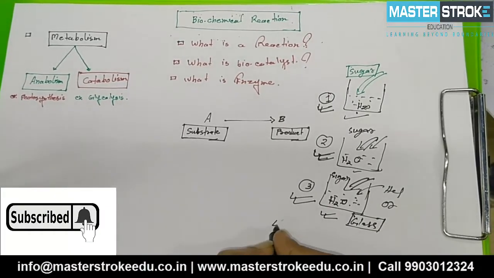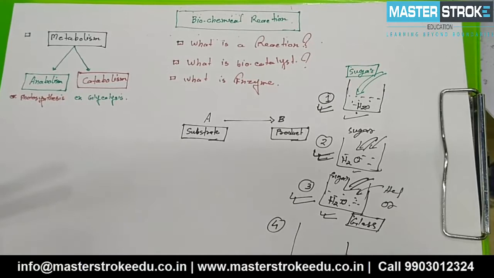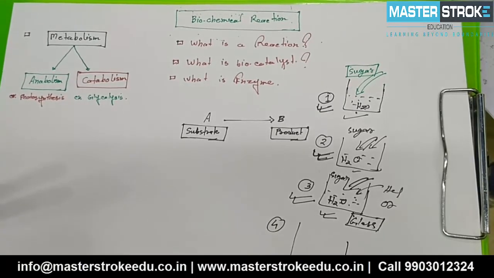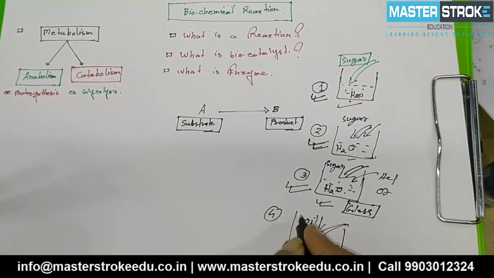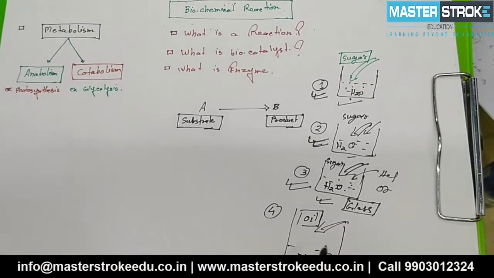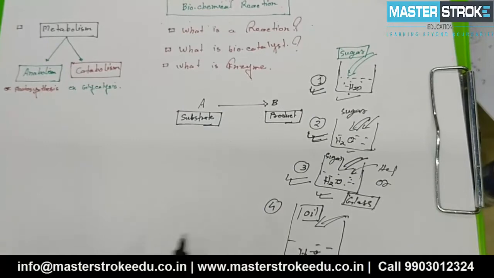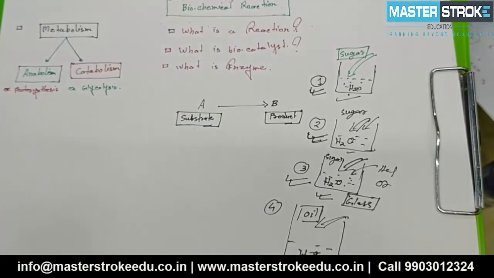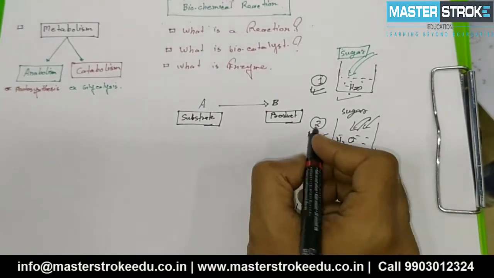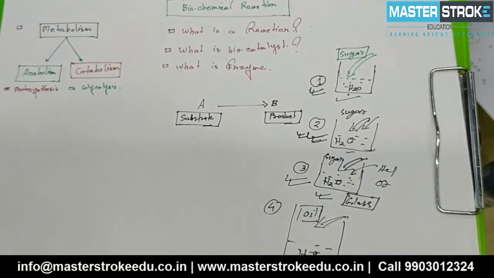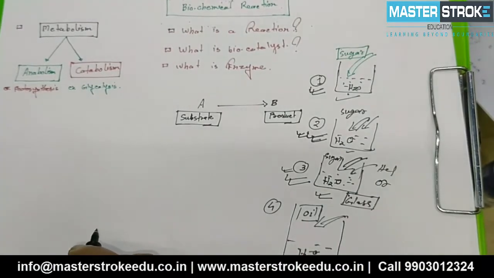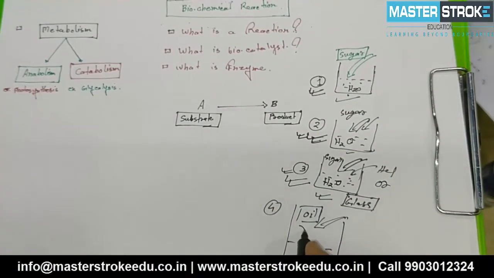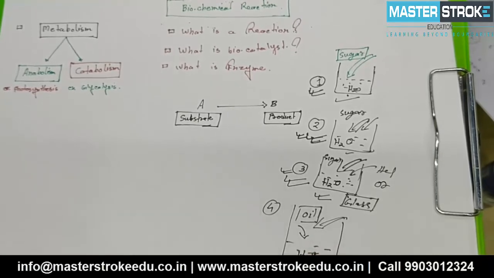In the fourth case, we take a glass of water. Now we add some oil into it and we leave it like condition 1. We stir the solution with a glass rod like condition 2, and we heat it or provide HCl like condition 3. What happened? In each case, the oil will never mix with the water.